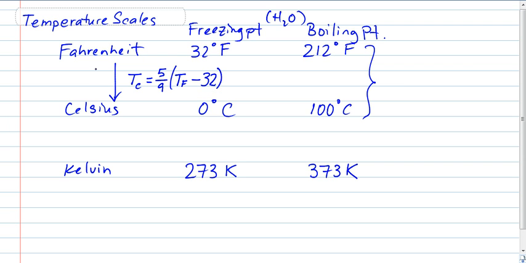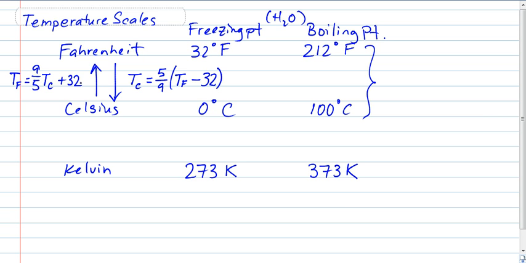To convert back from Celsius to Fahrenheit, the temperature in Fahrenheit is equal to 9/5 of the temperature in Celsius plus 32.